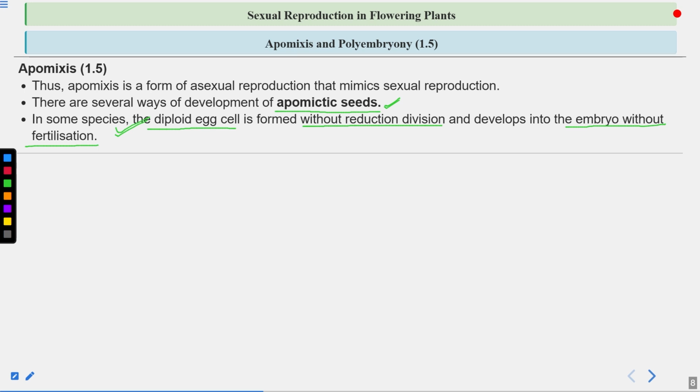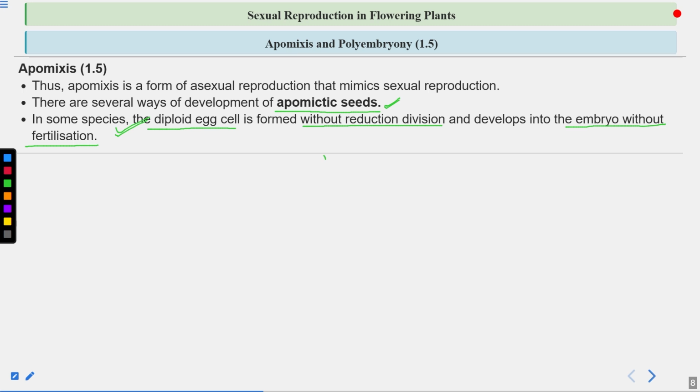Sir has explained earlier that there will be reduction division, and the reduction division leads to the formation of 4 megaspores. Out of these, 3 megaspores degenerate and only one haploid megaspore leads to the formation of the mature embryo sac, the 7-celled and 8-nucleate structure.